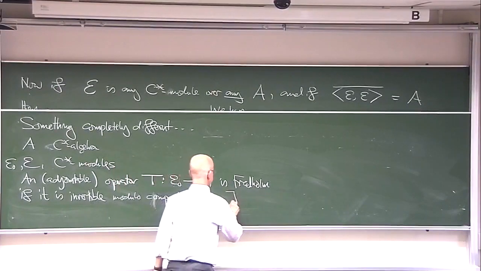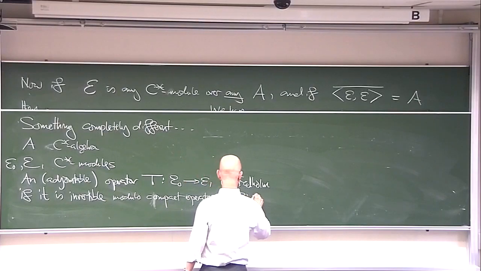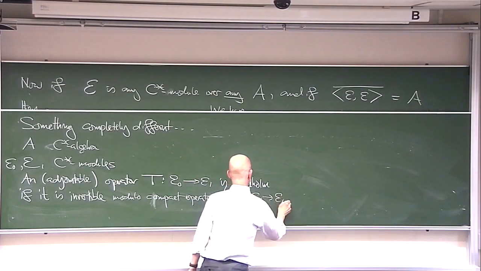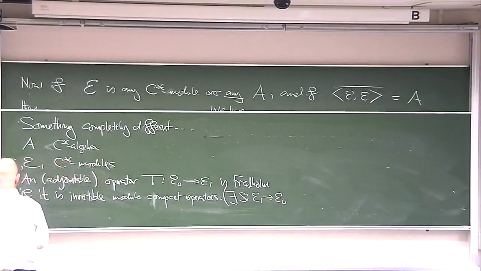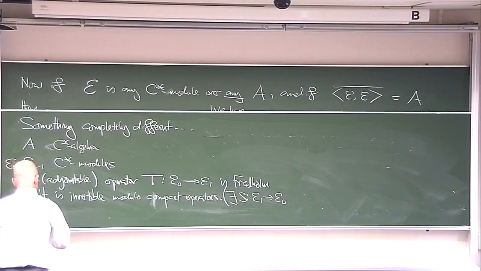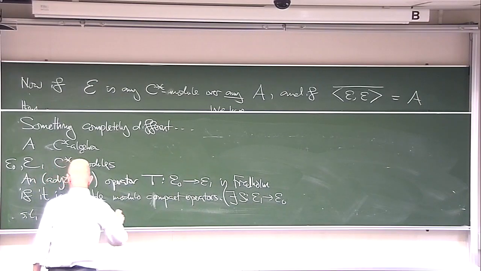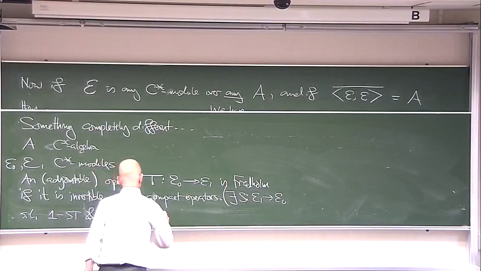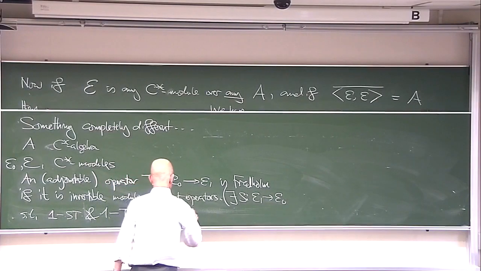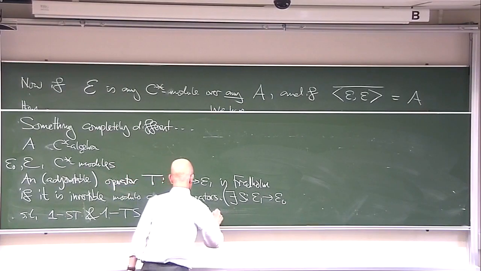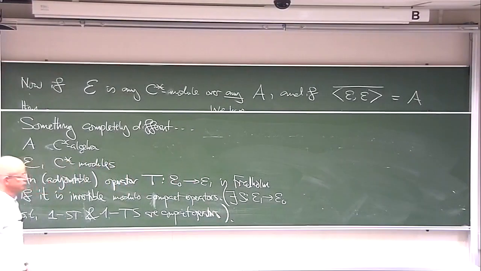So in other words, there should exist an operator going in the reverse direction, so that if I look at these compositions here, these are compact operators in the sense that we've been discussing. In the world of Hilbert spaces, in other words, in the context where A is equal to the C-star algebra of complex numbers, this is the usual notion of Fredholm operator.